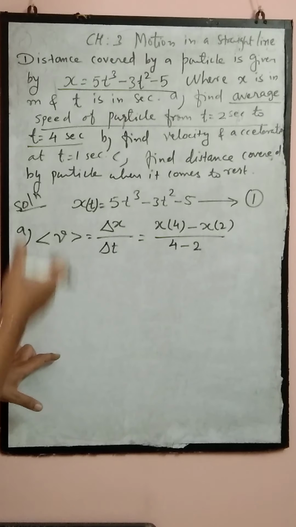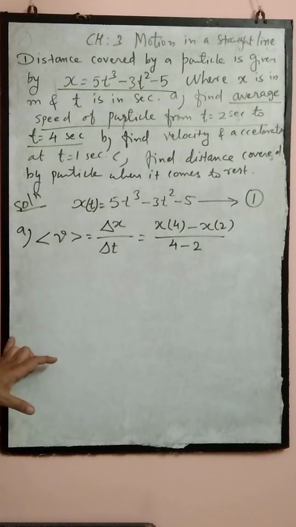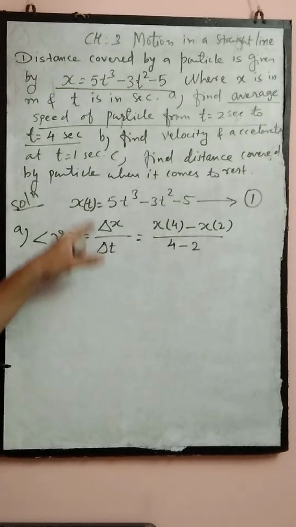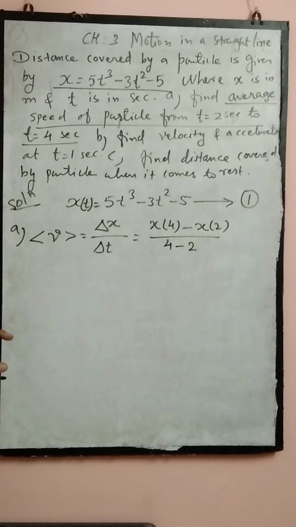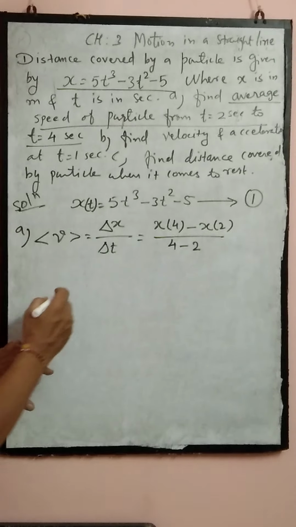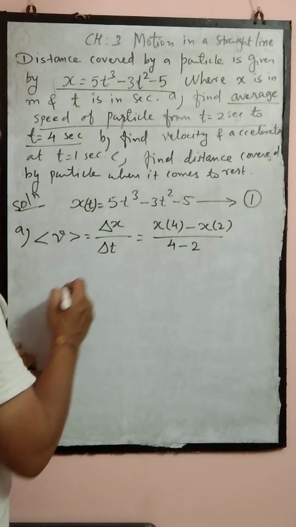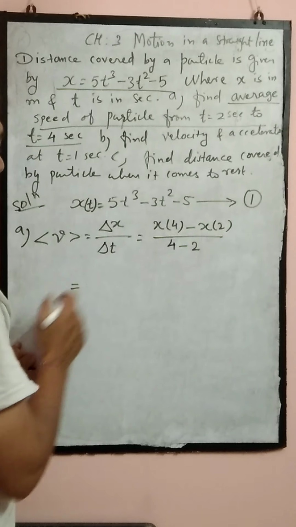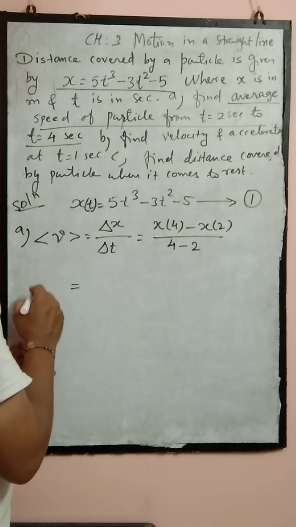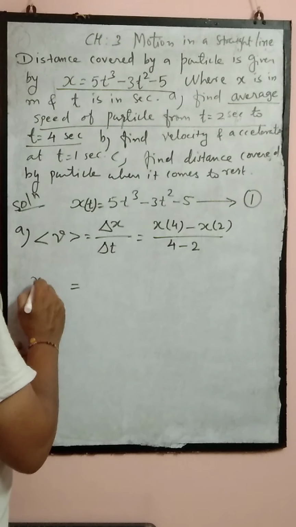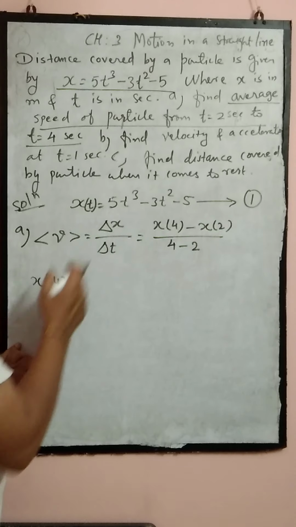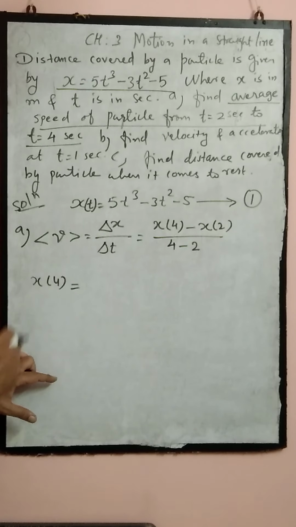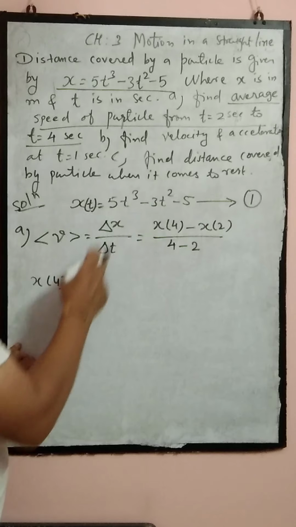Almost all of you know average v can be found from the distance, that is, the change in position of the particle upon the time interval, right? So this is equal to x4 minus x2. From equation 1, to find the position of the particle at 4 second, you just substitute the value of time in equation 1.